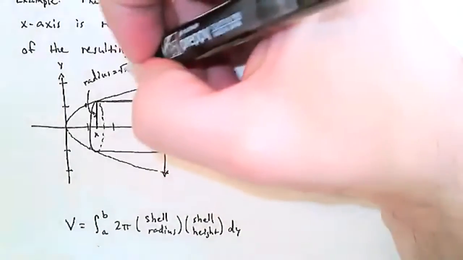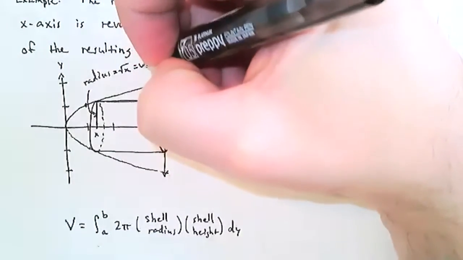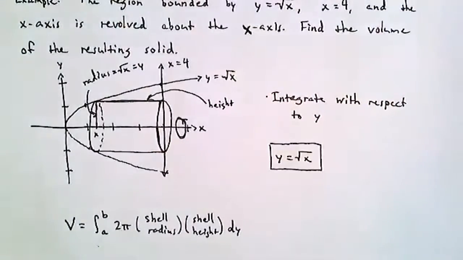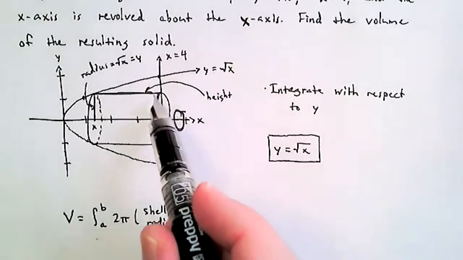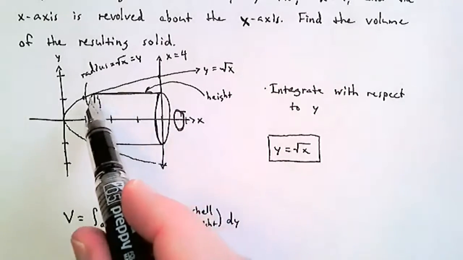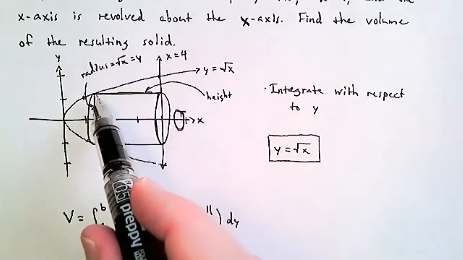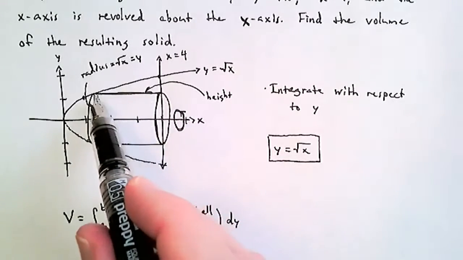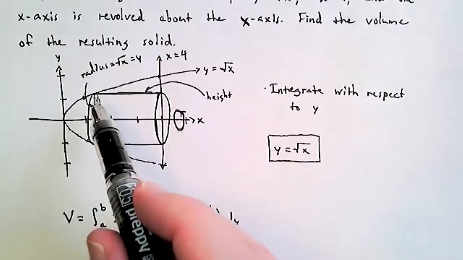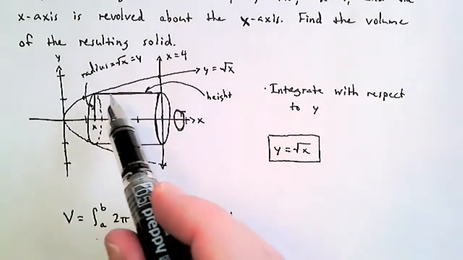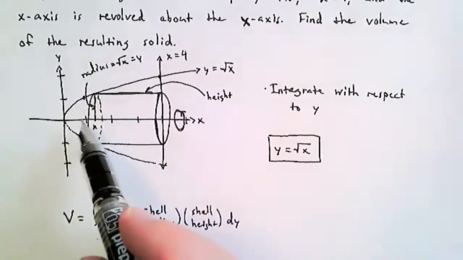So the radius is equal to y. But now we have to find this horizontal distance also in terms of y. So here I've written x, but I need this distance here, not this distance here.